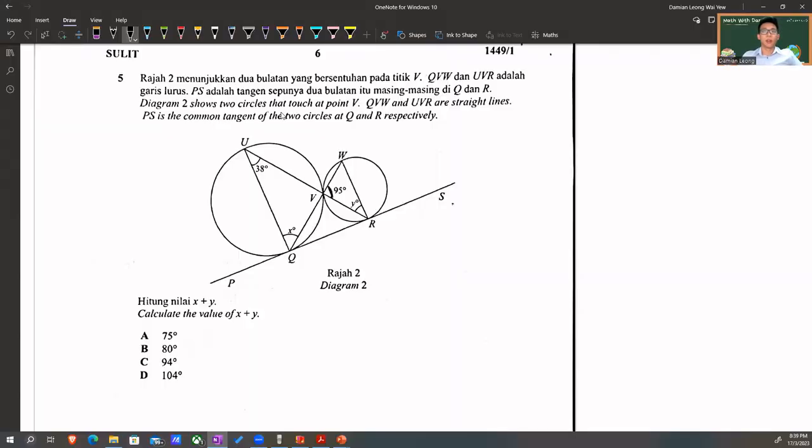Here is 95. So basically here would also be 95. I can definitely find X if I just use this.